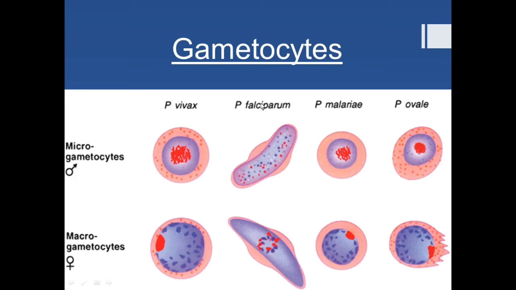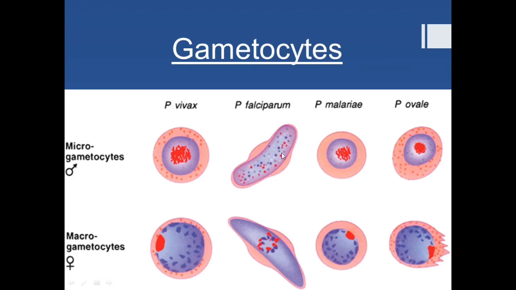Whereas in Plasmodium falciparum, the gametocyte is crescentic in shape, as you can see here and here, and moreover the nuclear material is dispersed or scattered.